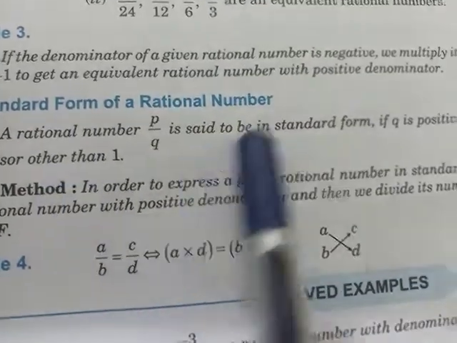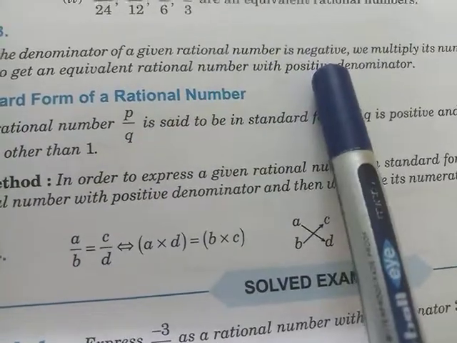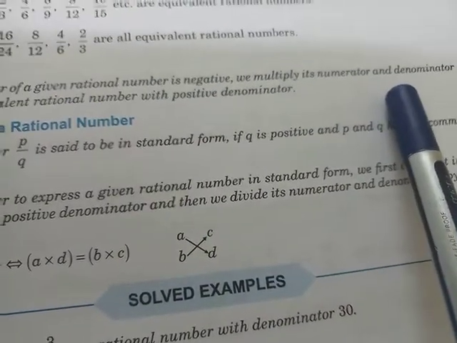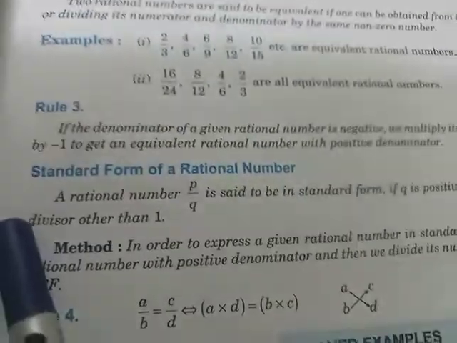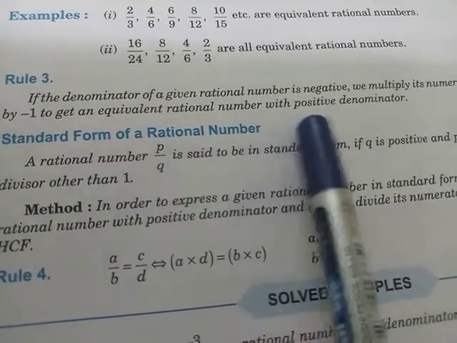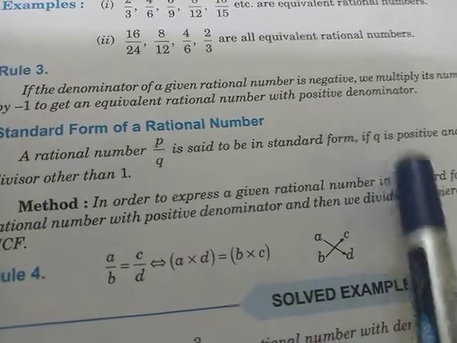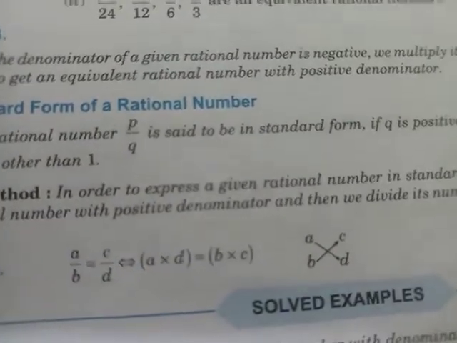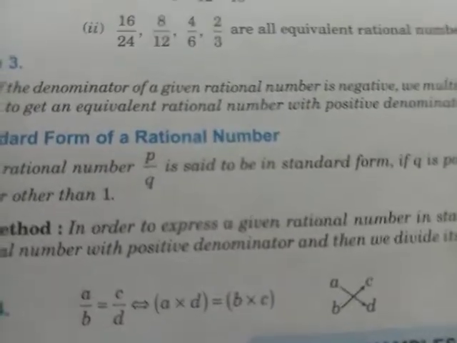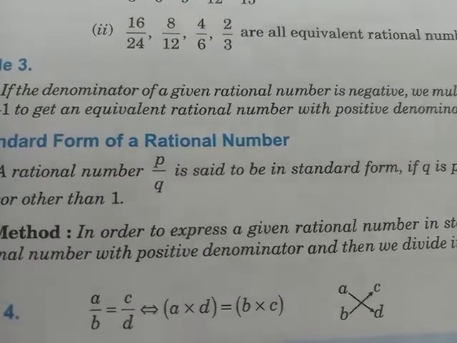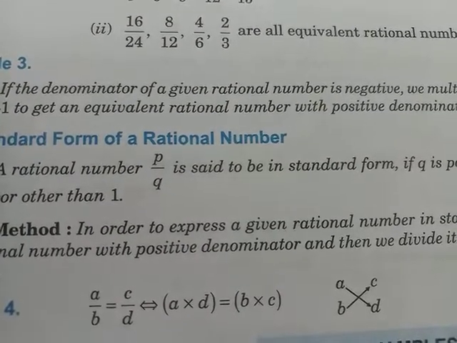If the denominator of a given rational number is negative, we multiply the numerator and the denominator with minus 1 to get an equivalent rational number with a positive denominator. Now what does it mean? If the denominator of a number is negative and we want to convert it into a positive denominator, then we have to multiply it by minus 1.